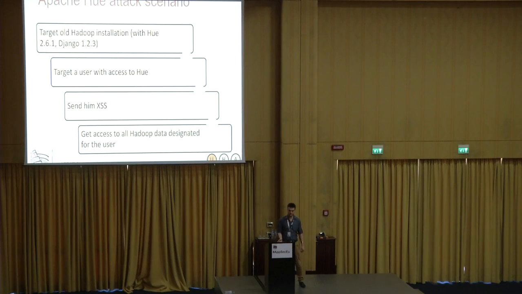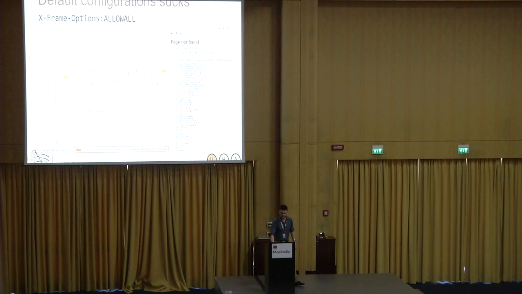So a typical Hue attack scenario: you have to target an old Hadoop installation with this version of Hue and Django, then target the user, send him an XSS, and get access to all data that is designated for him, right? That's simple. The other thing about Hue is that the default configuration really sucks. So we've got X-Frame-Options.